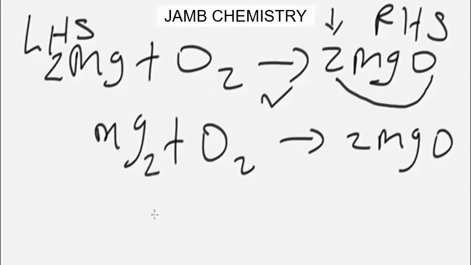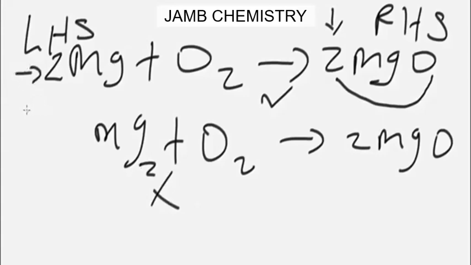This is chemically wrong. This is very, very wrong. Whenever you want to add an atom to an element or a compound, always add it beside, and not below or at the base of the elements or compound. Take note of this. This is wrong. This is the right way to do it.